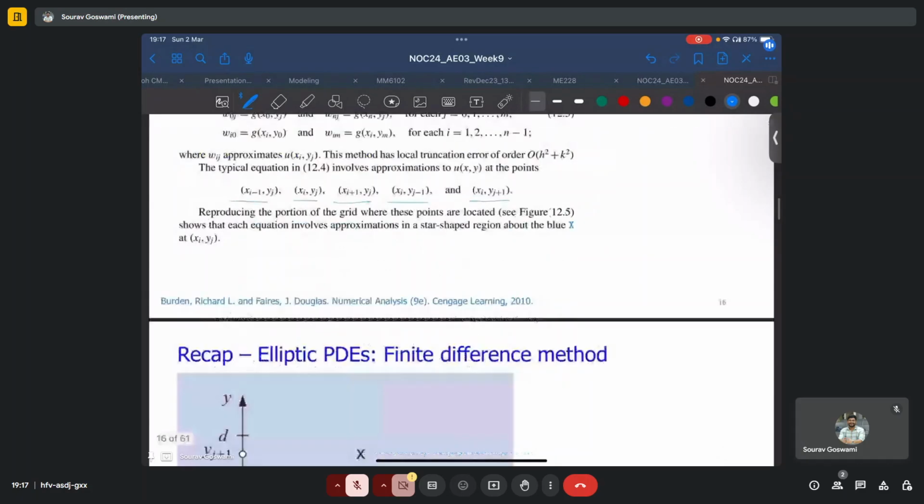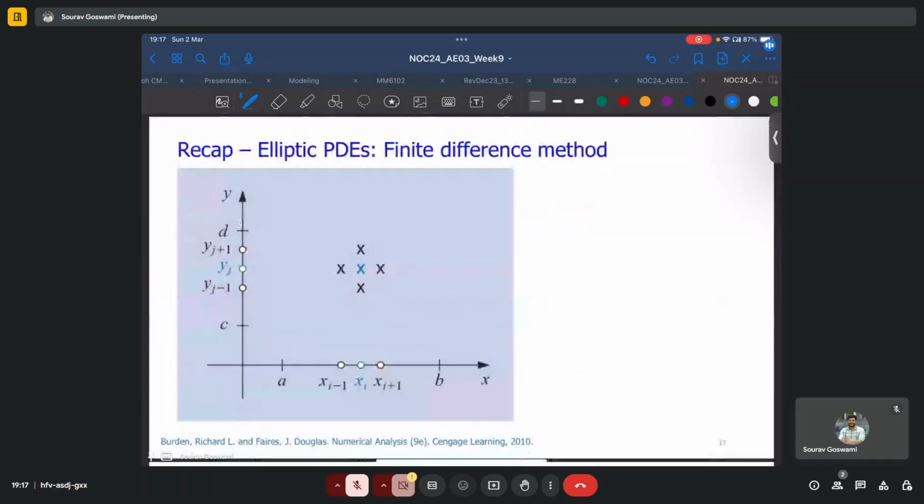It can also be visualized here, where we are trying to find the information about the point given by the blue cross in the center. And to find this information, we are making use of the information available about these neighboring points to the north, east, south, and west of our point of interest.